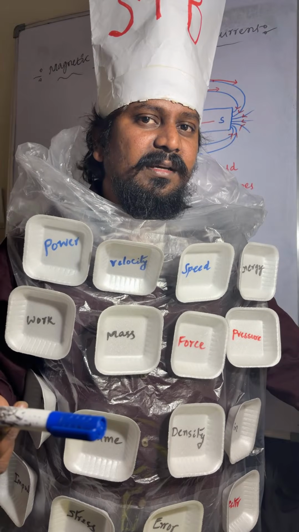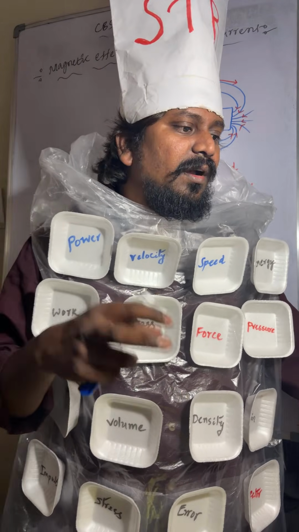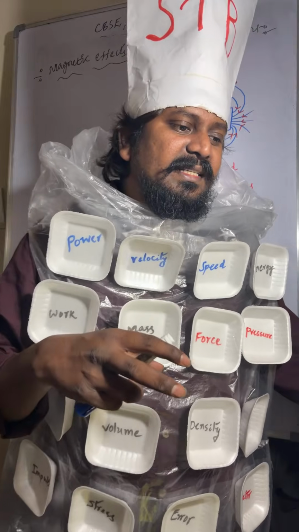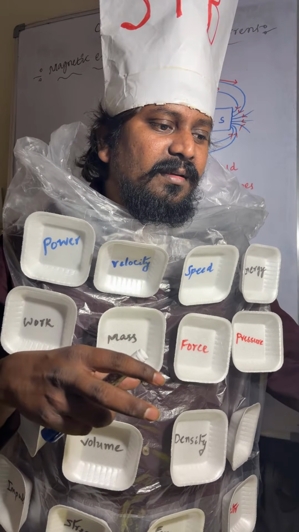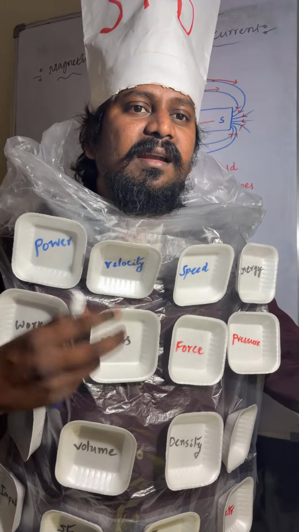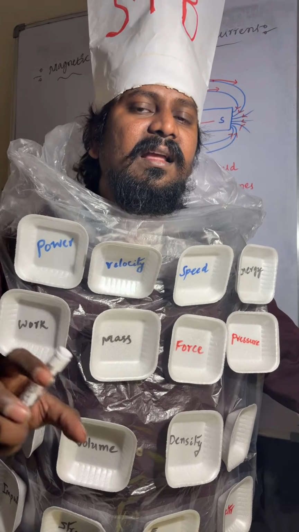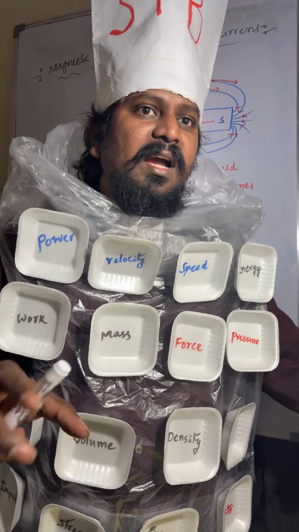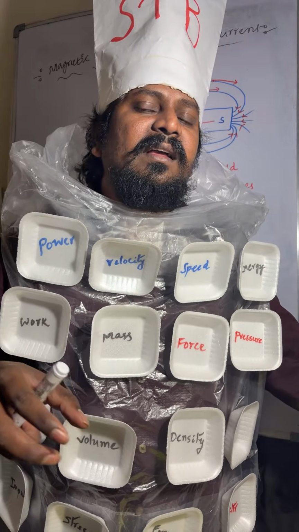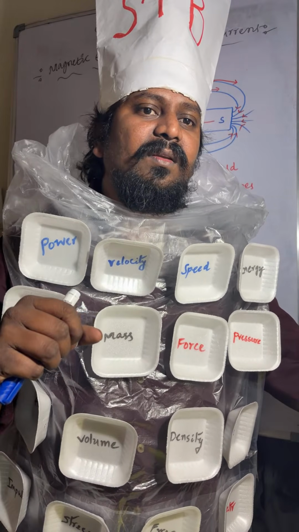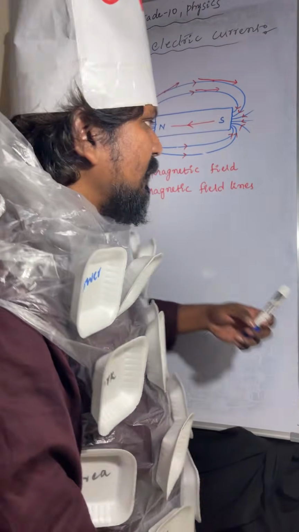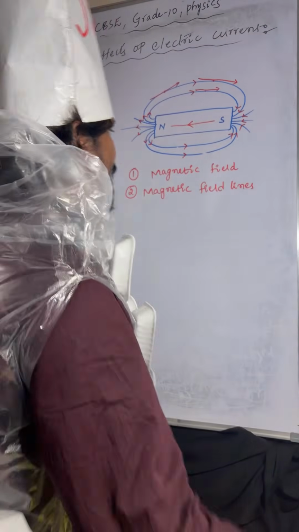I hope it is very clear, right? So now we are going to discuss how a current carrying conductor acts as a magnet. I am taking a thick copper wire and connecting it to the circuit. Be careful and observe carefully.